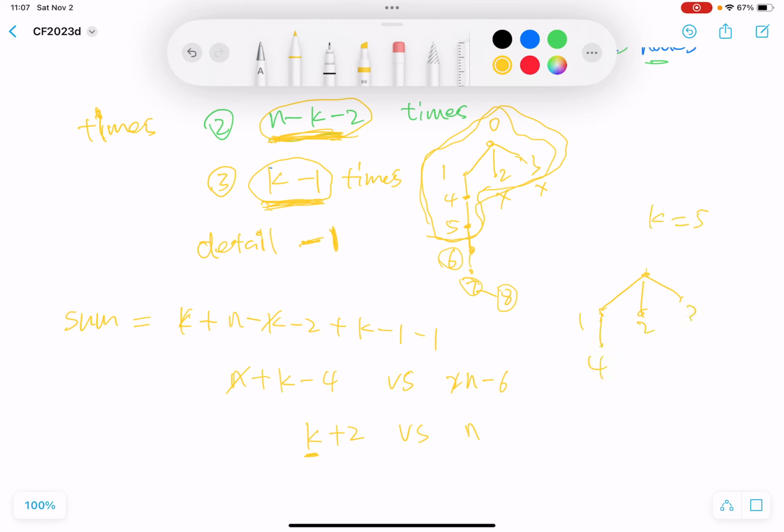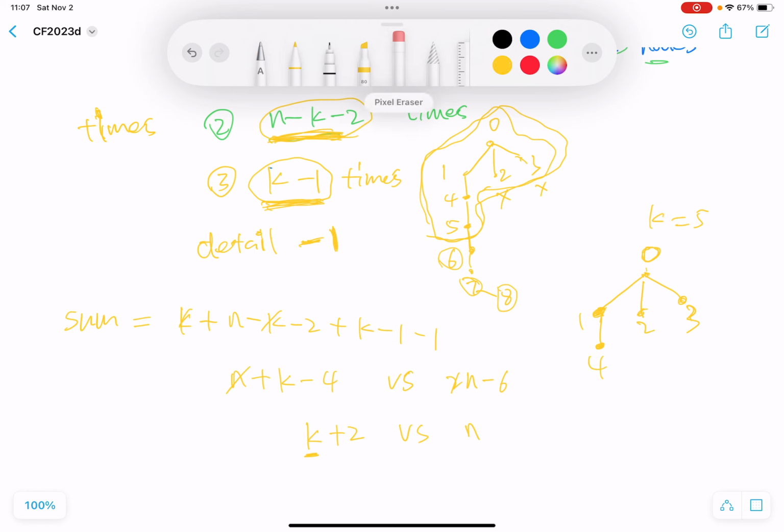K equals 5. That means except the width, or how many children nodes of node 0, there is at least 1 node 0, and based on the requirement of the problem, node 1 has at least 2 connected nodes.